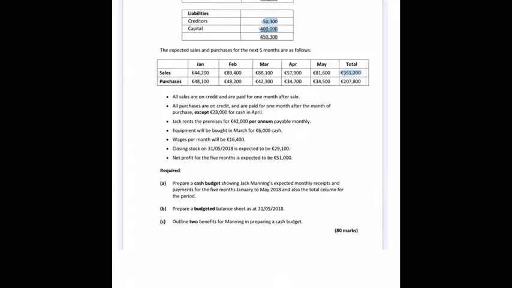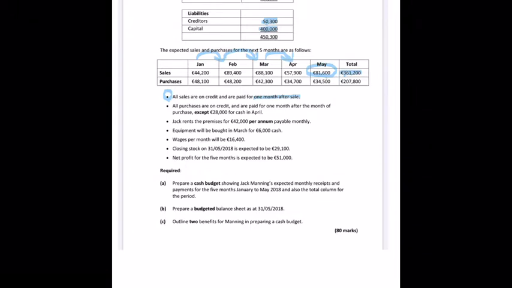January, it says down here in the first bullet point, all sales are on credit and are paid for 1 month after sale. So January will end up going into February, February going into March, March going into April, and so on. With the final figure, May, if we're paying for things 1 month after the sale, we will only be paying that €81,600 in June.